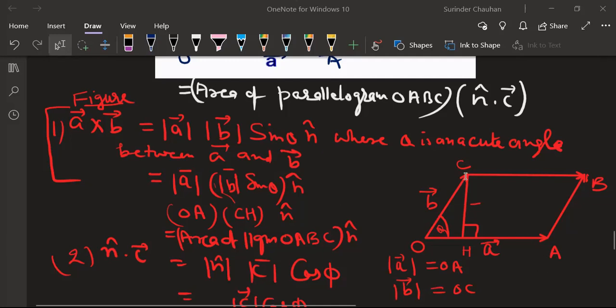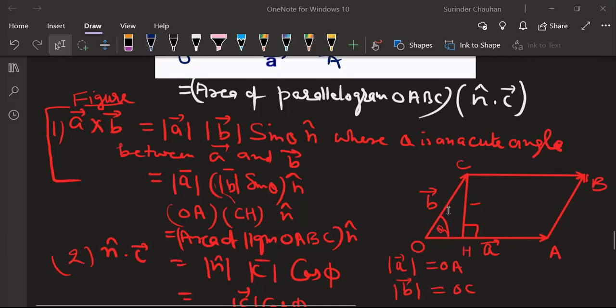B sin theta: if you consider triangle OHC, it is a right angle at H, so it's a right angle triangle. In a right angle triangle, CH upon OC is equal to the ratio sin theta.